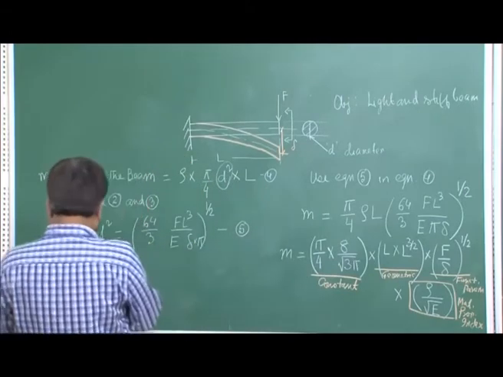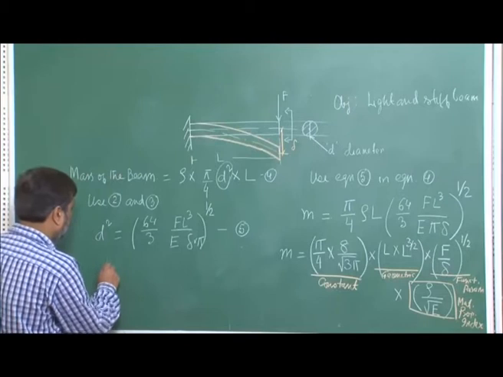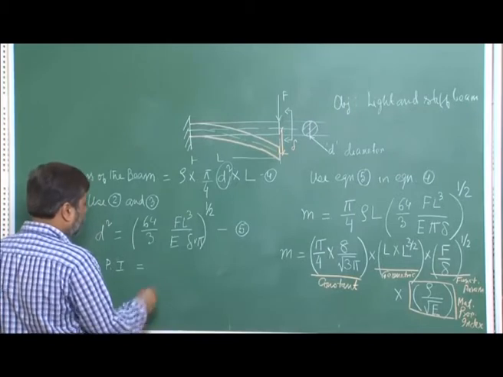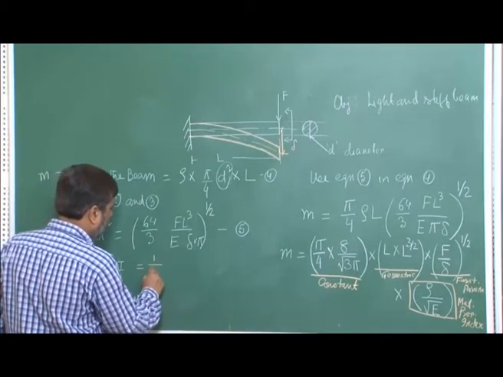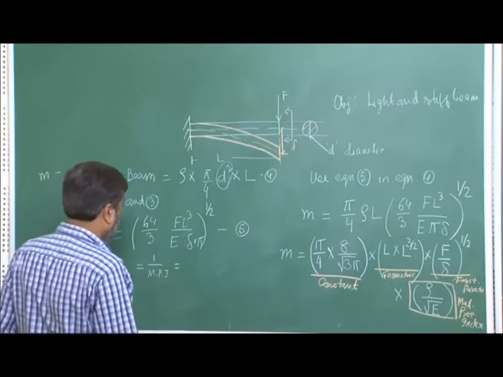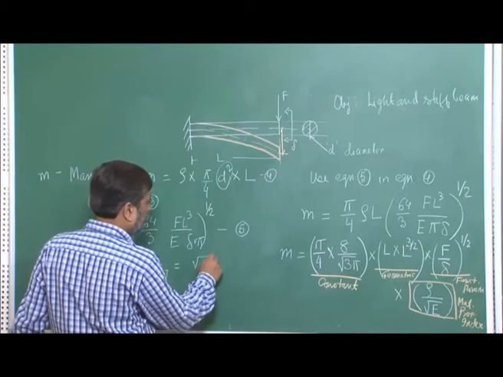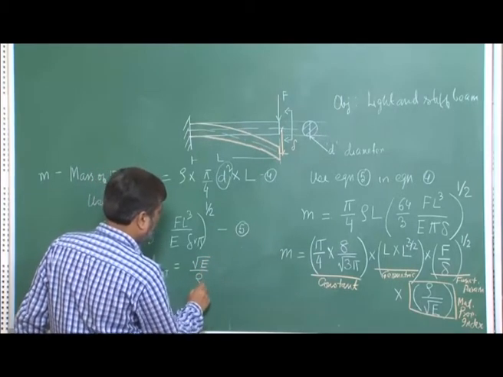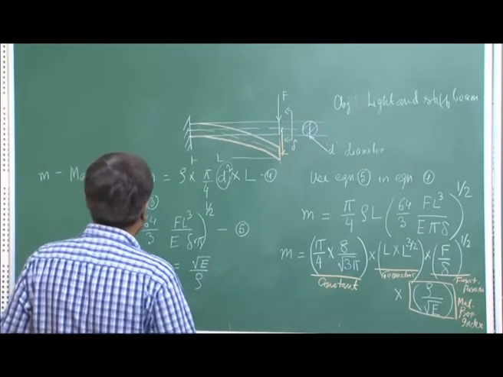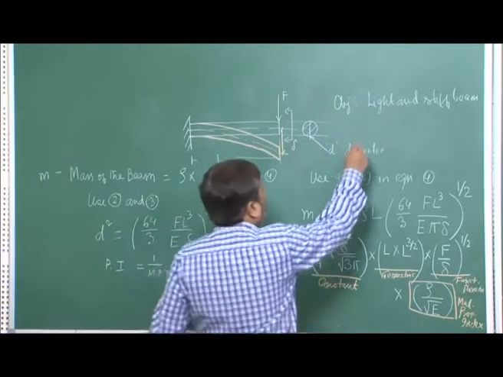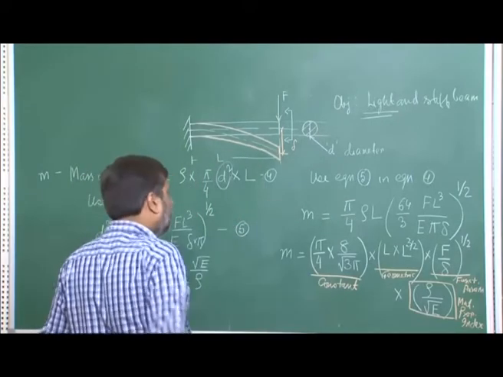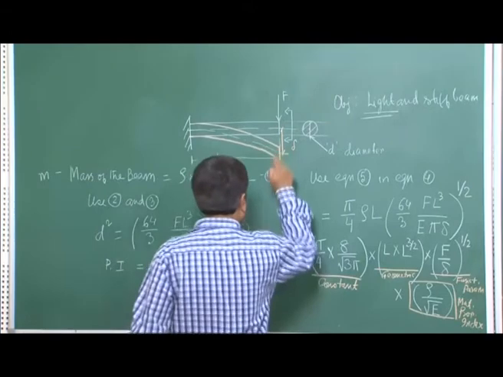In fact, we can define a performance index Pi, which is the reciprocal of this MPI, 1 over the material property index. If you do that, it will be square root of E over rho, correct. So, what should be our objective? Our objective is to get a beam that is light as well as stiff, and the stiffness is such that the deflection delta is satisfied.